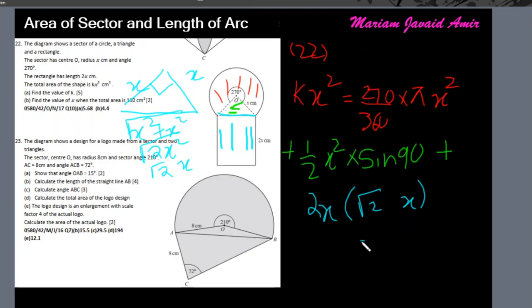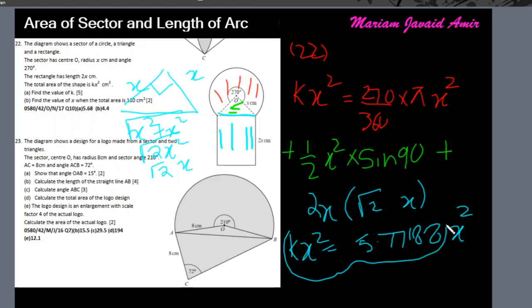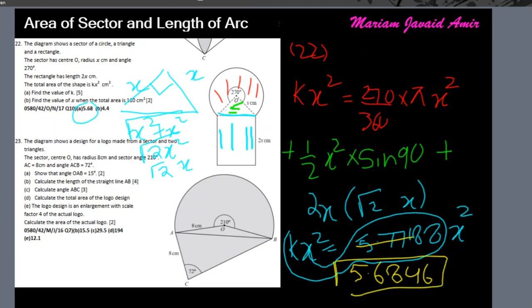This gives us 5.77188 x square, which equals k x square, so k is equal to this. The value is a little off from the value in the calculator. Let me check and get back. Okay, I re-entered the values in the calculator and now I got the correct answer. I probably clicked a wrong key in the calculator. Okay, so this is k.